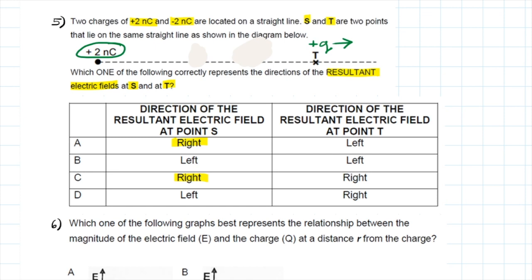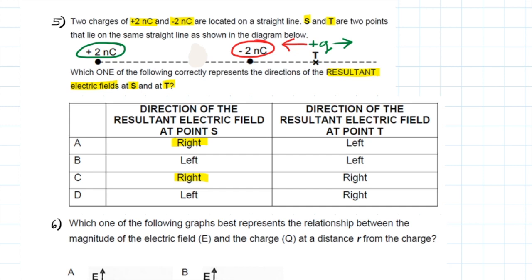Its electric field at point T is towards the right. If we look at the negative 2 nanocoulomb charge, we know that the test charge will move towards the left as a result of it. Its electric field at point T is towards the left.